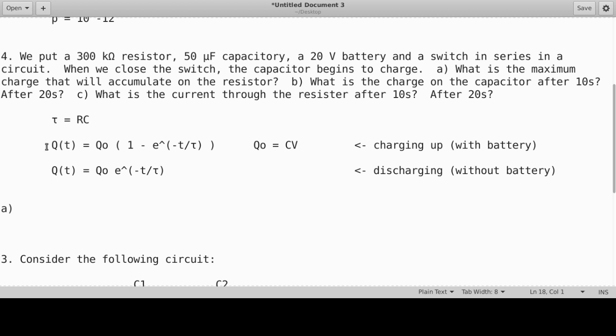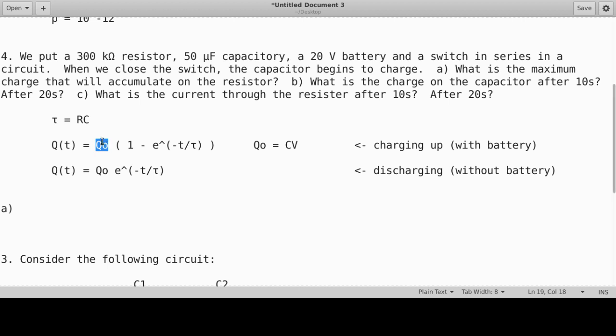There are some ingredients. Q of t, that's not Q times t, that's Q as a function of time, meaning that Q changes over time. Q is the charge on the capacitor, t of course is time. This Q naught, that's the maximum, because this piece here starts from 0 and it builds up to 1. So 1 times the maximum is the maximum.